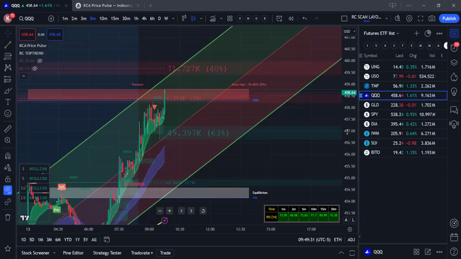If you want, you can trim some 50%. Then you can trim the remaining 50% here.